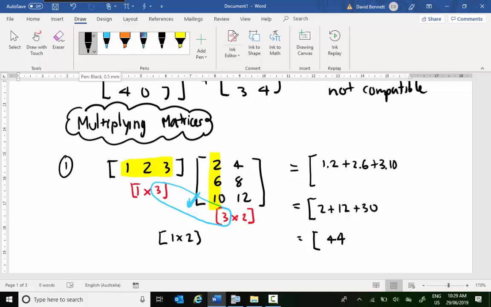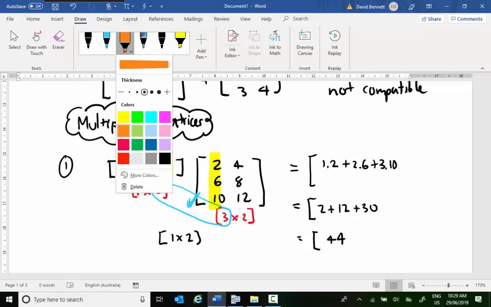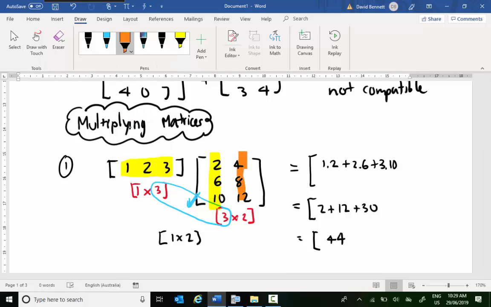The next one we're going to do via our second column. I'll make that orange here, that's okay. So we will be doing it by that column there. I'll be doing row number 1 times column number 2, which will give position 1, 2. So let's do that.